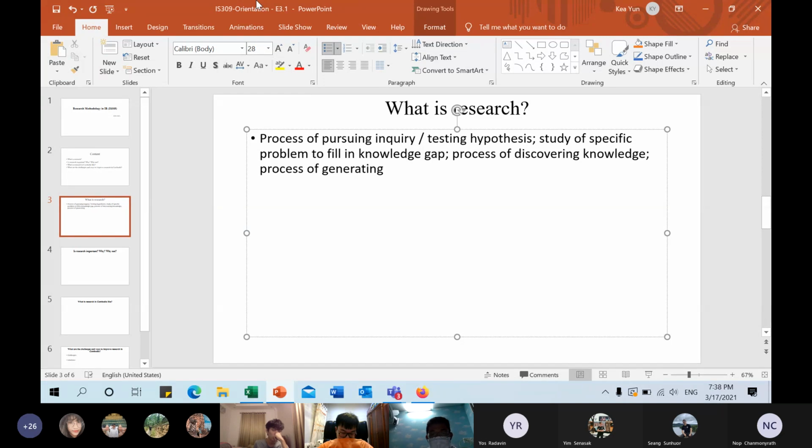Oh, trustable. So generating reliable and trustable knowledge, right? Okay. The process is generating reliable and trustable knowledge. Okay. Anything else?